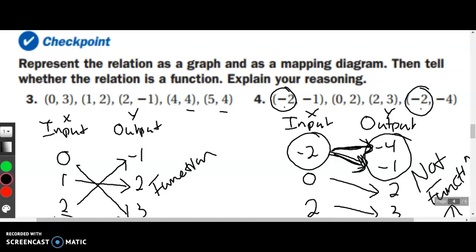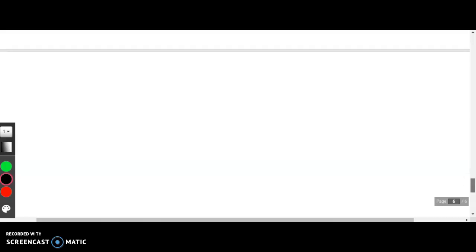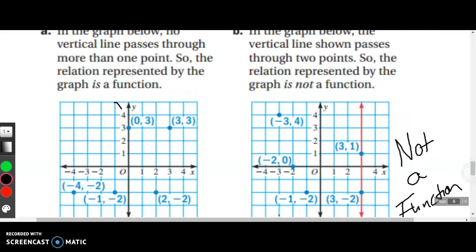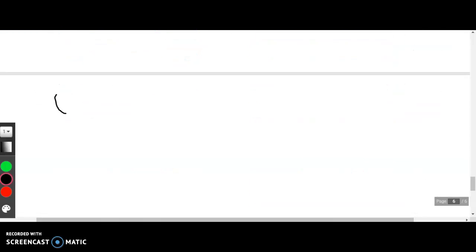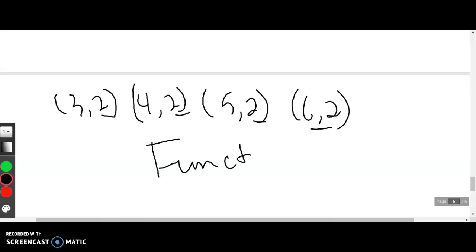If no x value repeats, it is a function. And lastly, I just want to repeat the fact that the y value can repeat. So if you have (3, 2), (4, 2), (5, 2), (6, 2), it doesn't matter that the y value keeps repeating, the x value does not, and therefore this would be a function.